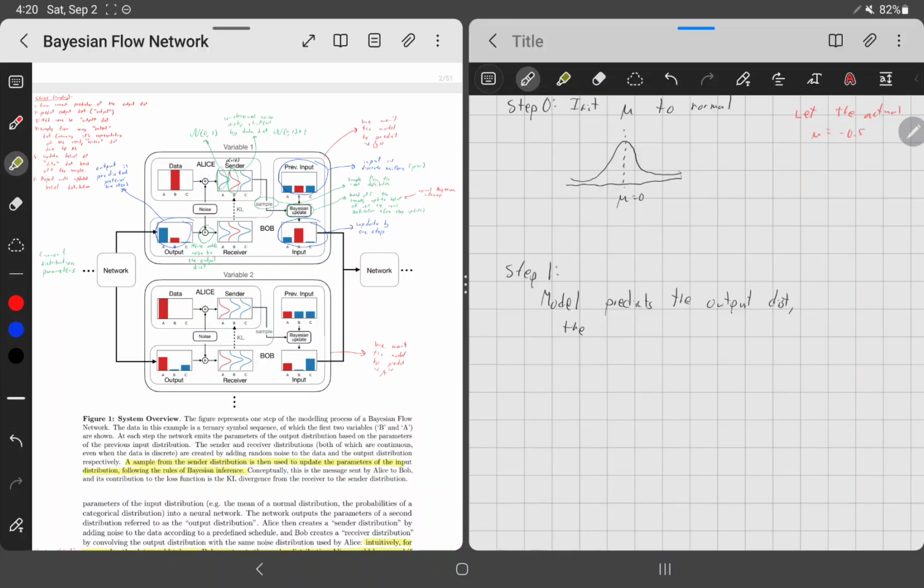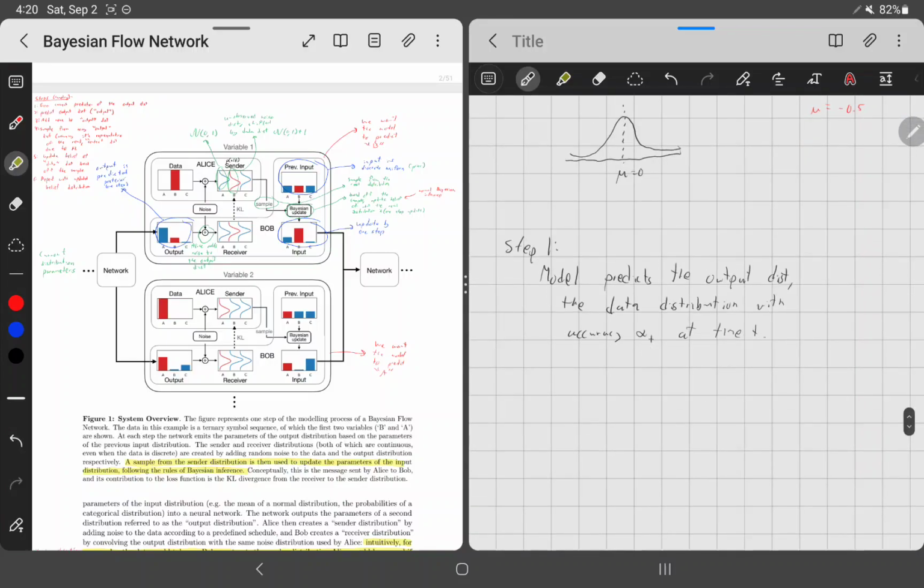So it predicts what they call the output distribution, which is the data distribution we're trying to predict here. And they say it has some accuracy, alpha sub t, at time t.